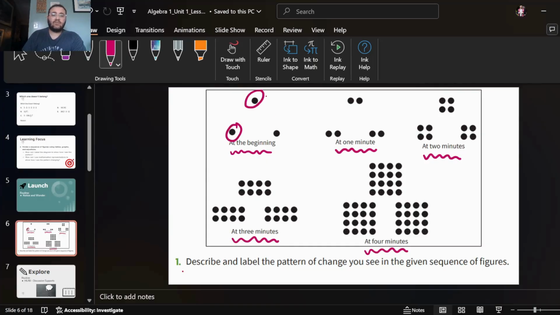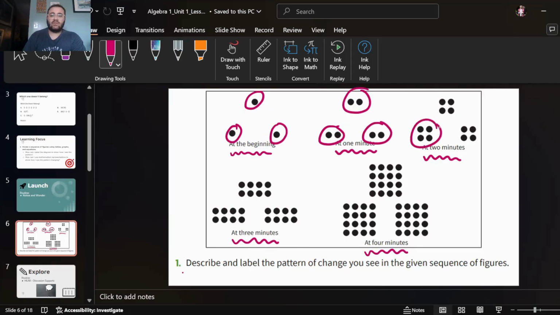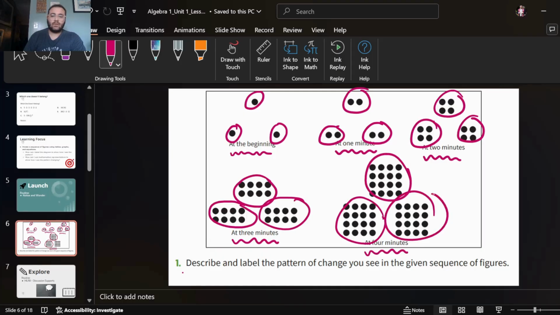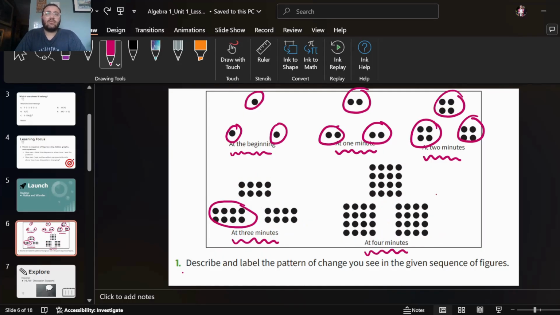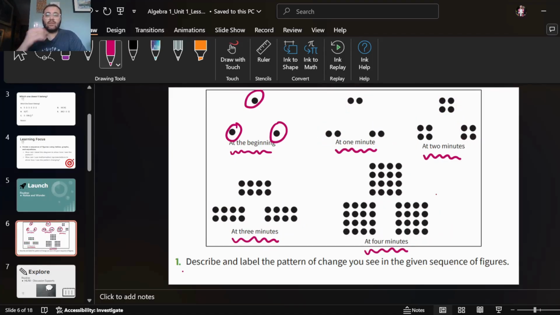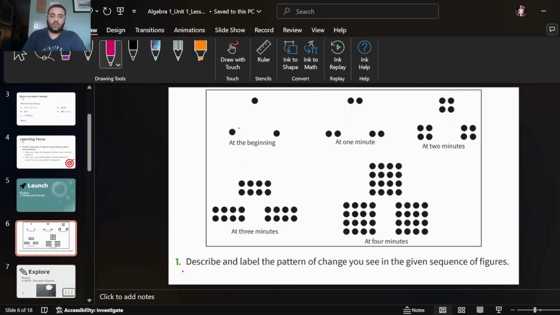And so many students right off notice that each minute has these three groups. And so students should begin to think like, oh man, how can I relate the minute that I'm on to one dot in each group?